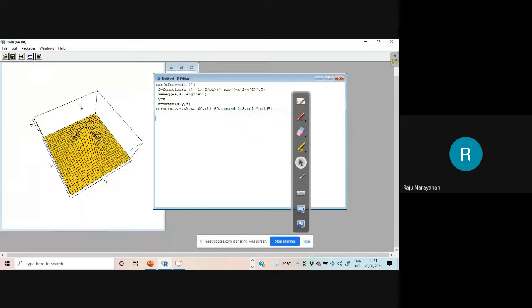Another view. You see, it is changing. Now you can take the proper one, which can explain your research topic, and you present it.